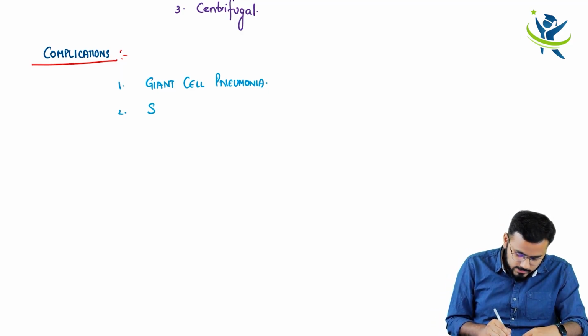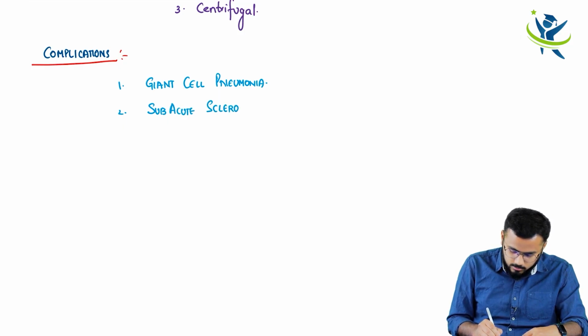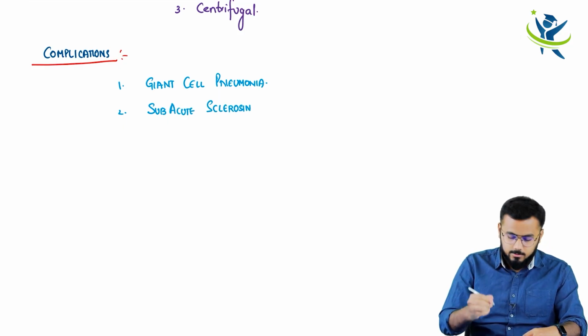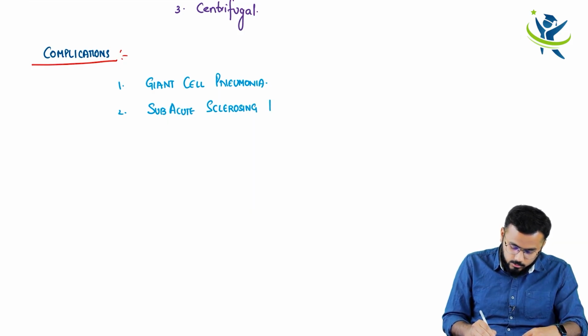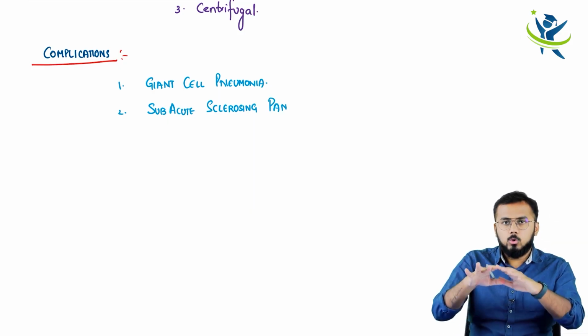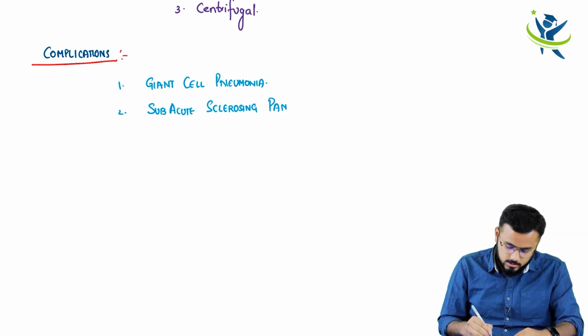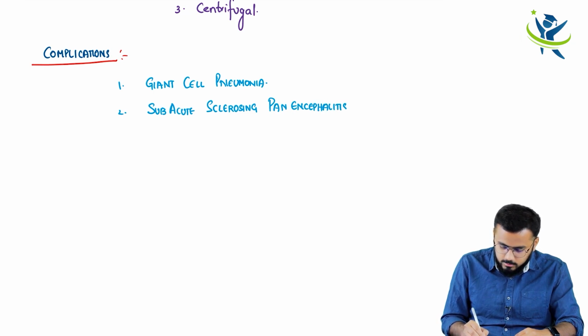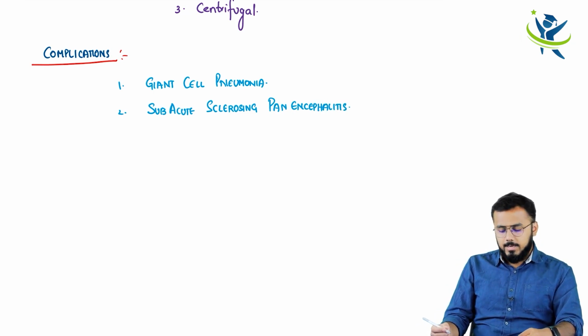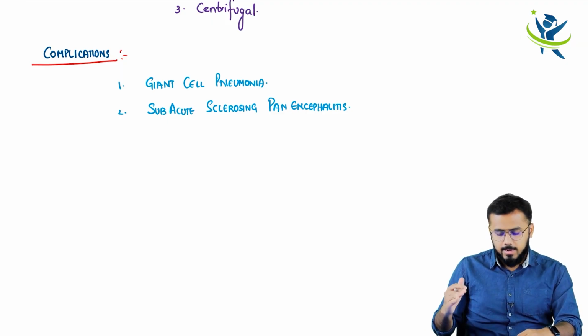So that is called subacute sclerosing panencephalitis. Pan means total. Sclerosing panencephalitis means the total brain is getting infected and undergoing sclerosis. So SSPE, subacute sclerosing panencephalitis.